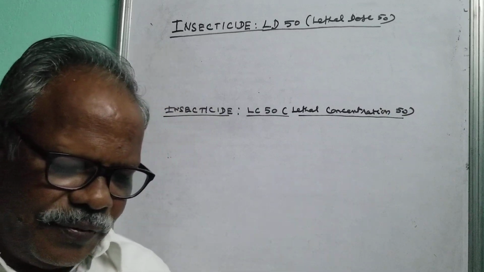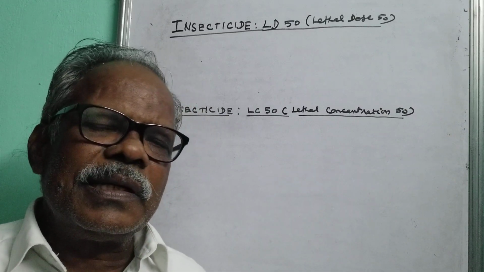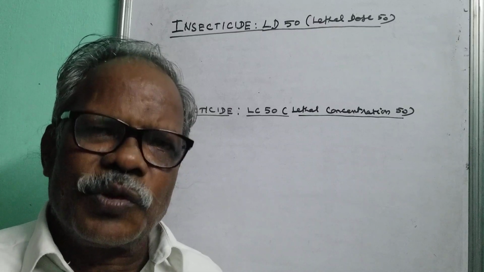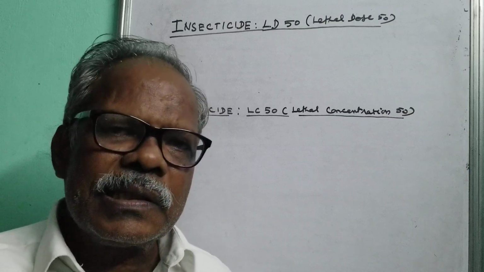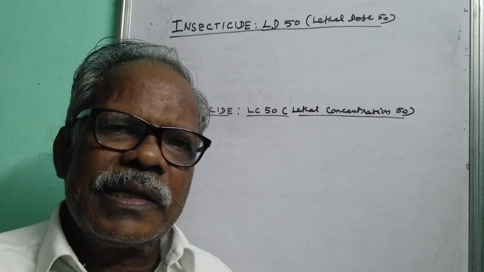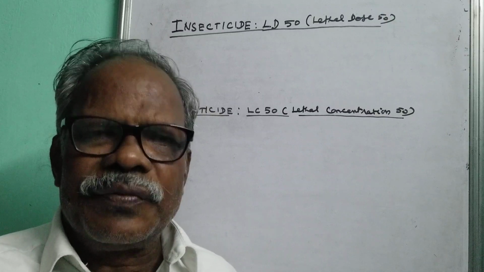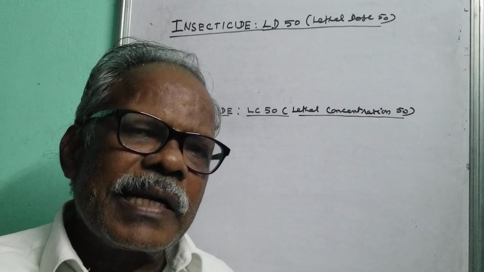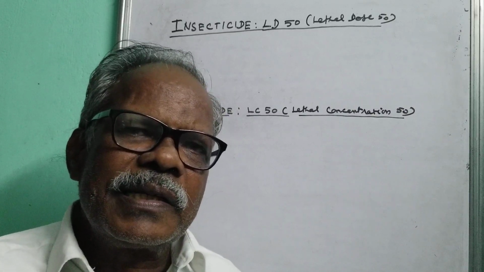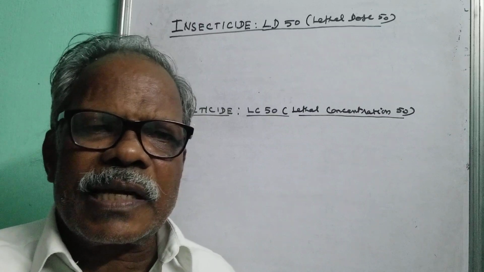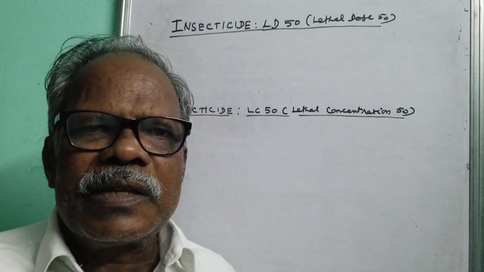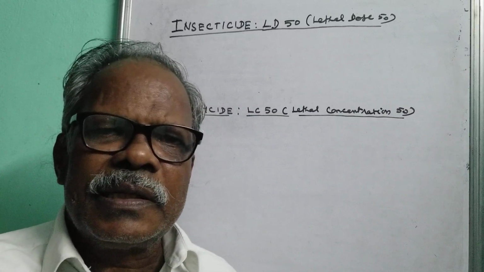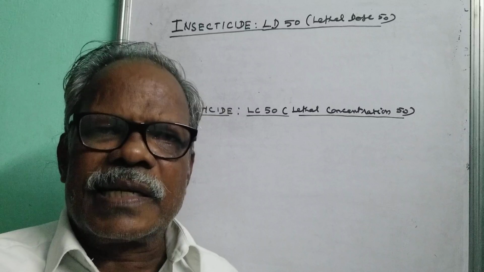Say for example, the LD50 of the insecticide Parathion is 4 parts. 4 parts of Parathion is referred to as LD50. Then it kills at least 50% of the test animals. So whenever the chemical is applied, it kills at least 50% of the insects or animals which are tested.